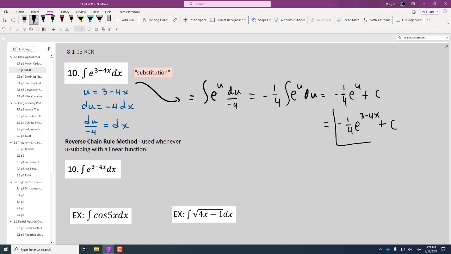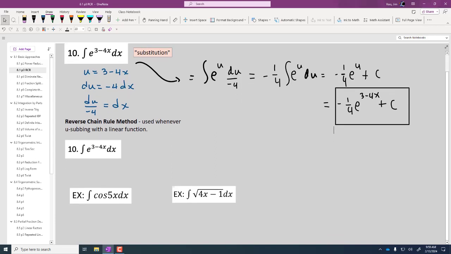Is that correct math? Of course it's correct math. Is that efficient math? Not even close. By this stage of Calc 2 this semester, you should be able to write this answer down instantaneously using reverse chain rule. The integral of an exponential is itself. First and foremost, it is itself.